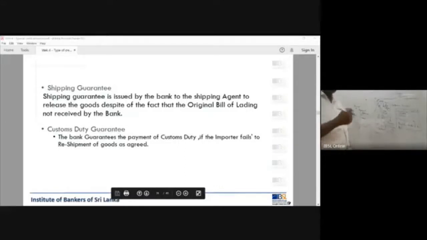The risk behind this is we have not seen the original document. I'm acting on a document sent through a third party. When the original documents come in, if the two sets are different, we can't do anything.